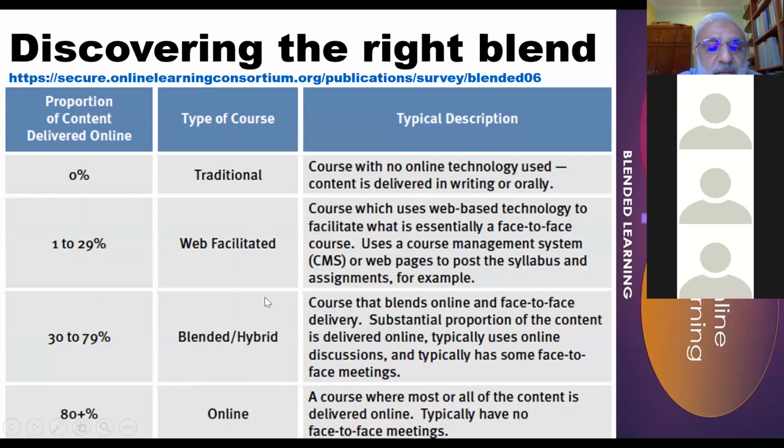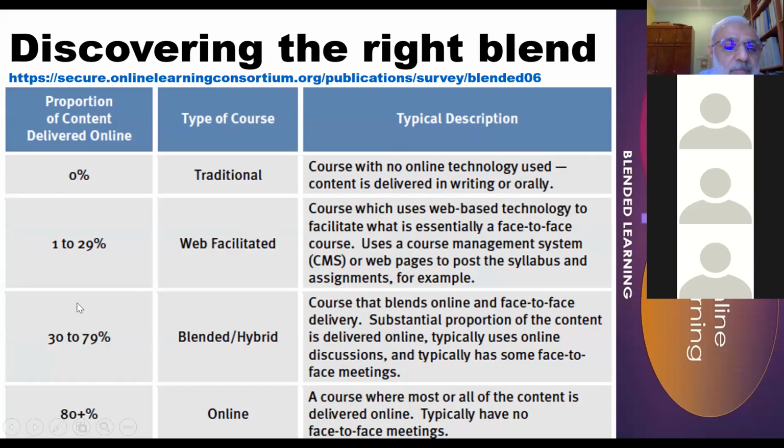When it comes to blended or hybrid, that is where the right balance comes in. Courses that blend online and face-to-face delivery, substantial portion of the content is delivered online and typically uses online discussion.